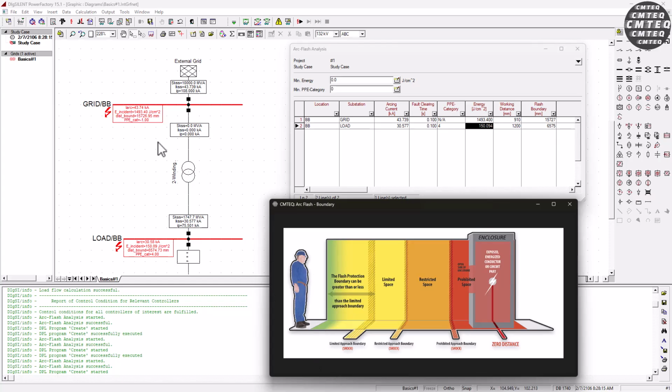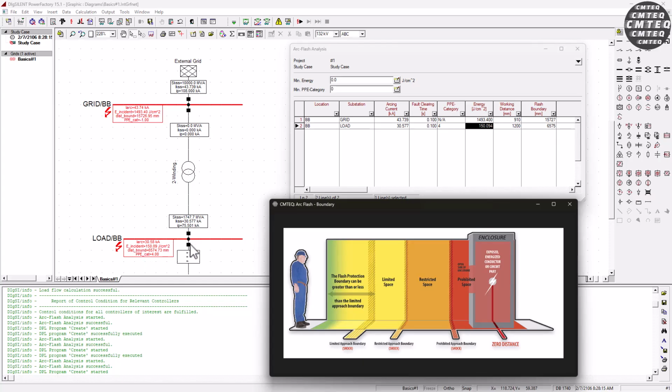So if you know what the parameters are, please make sure you dress accordingly with the required PPE category levels, okay? And for the 132 kilovolt substation here, the safe distance is 15.7 meters, which basically covers the entire area of the substation. So do not get closer unless you are fully protected.